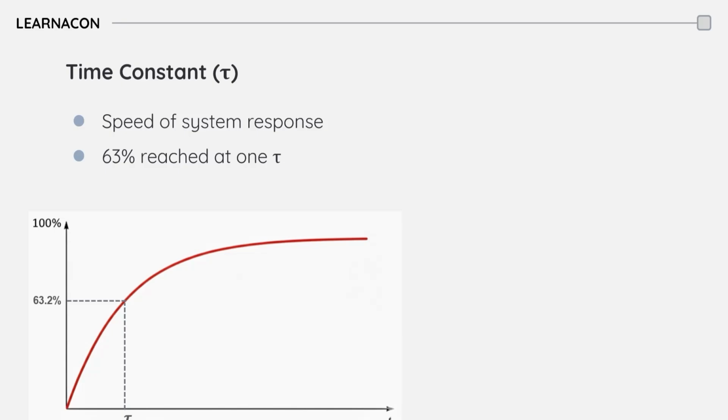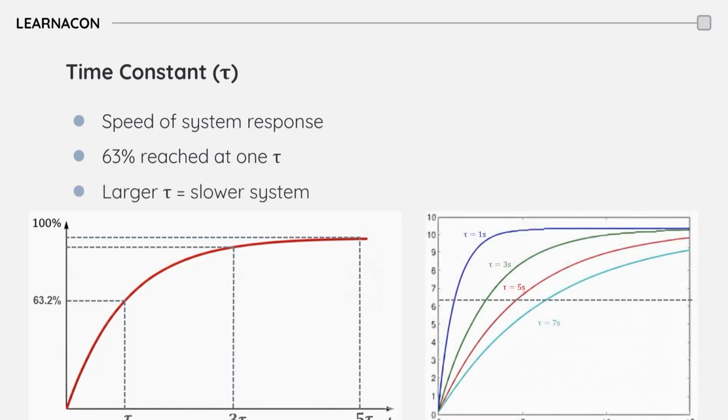After 3 time constants, the system is mostly settled. And after 5 time constants, the response is essentially complete. You can think of the time constant as the system's personality. A small time constant means a fast, responsive system. A large time constant means a slow and sluggish process that takes longer to settle.